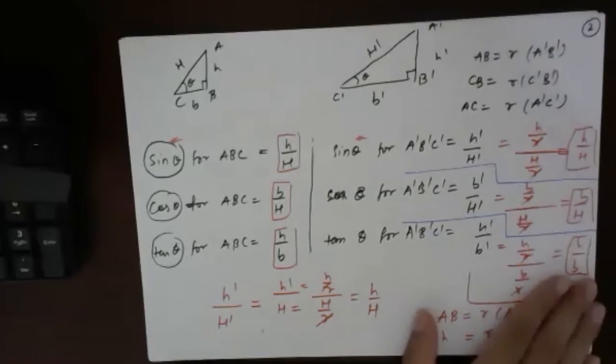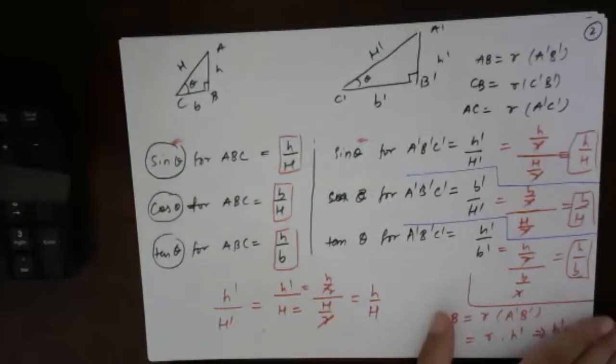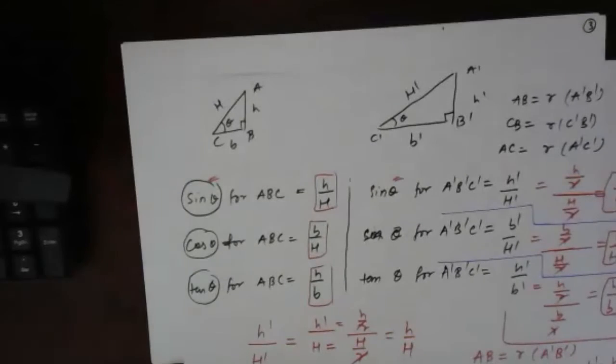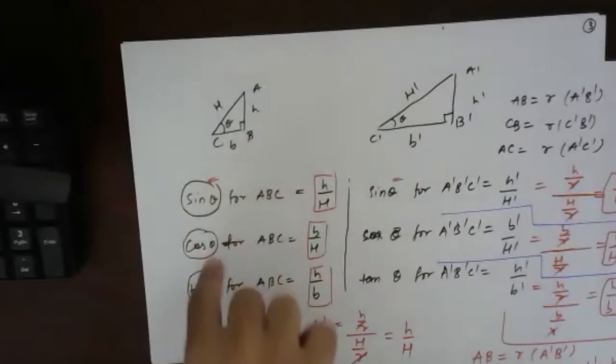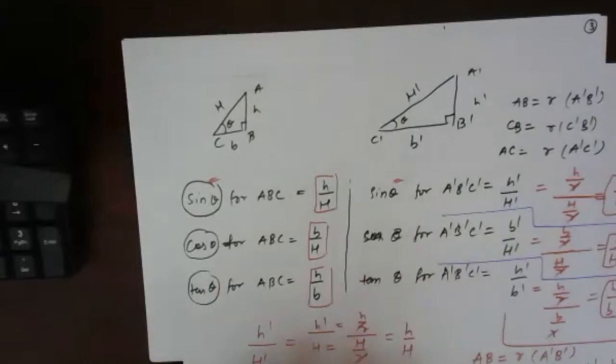Okay, everybody has copied this. Should I turn the page? Okay, fine. So now we have seen that sine theta, cos theta, tan theta, and all these will be the same for different kinds of triangles.